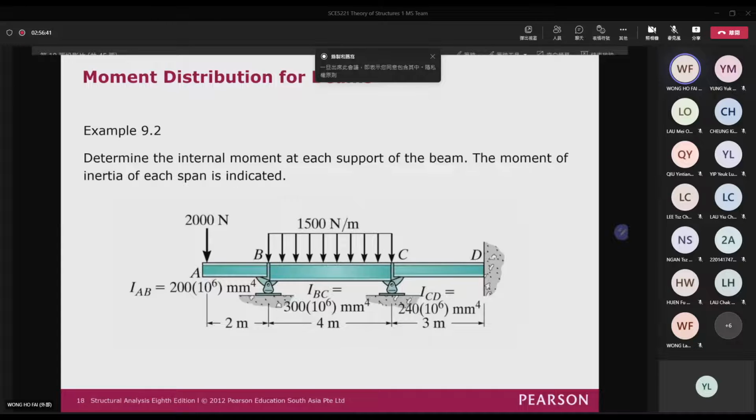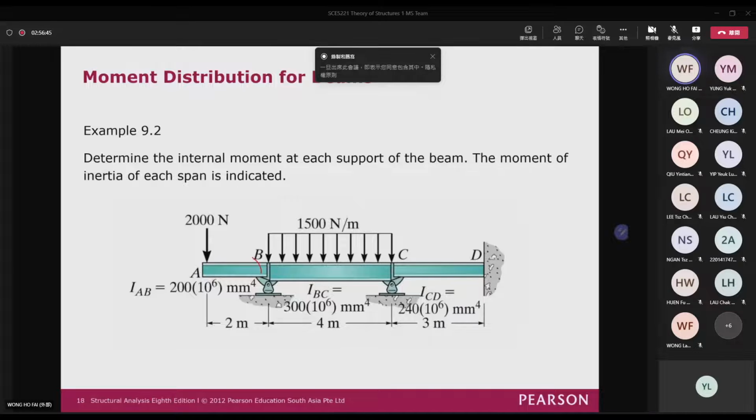Now you can see that there is a member end moment here, which is equal to 4,000 times 2. So here there's a moment equal to 4,000. And then for here, again, there's a fixed end moment, which is equal to WL squared divided by 12. And then here there's no fixed end moment because there's no loading applied.